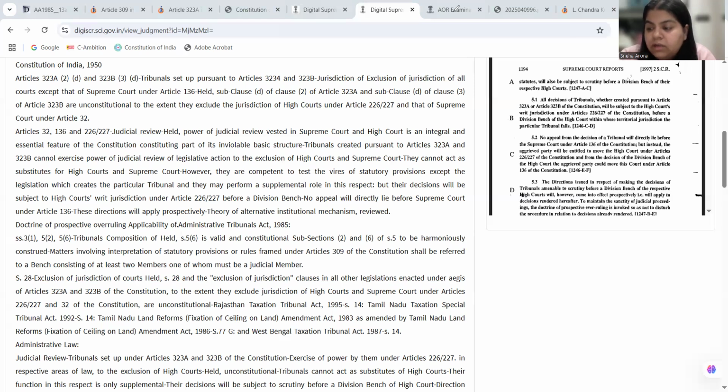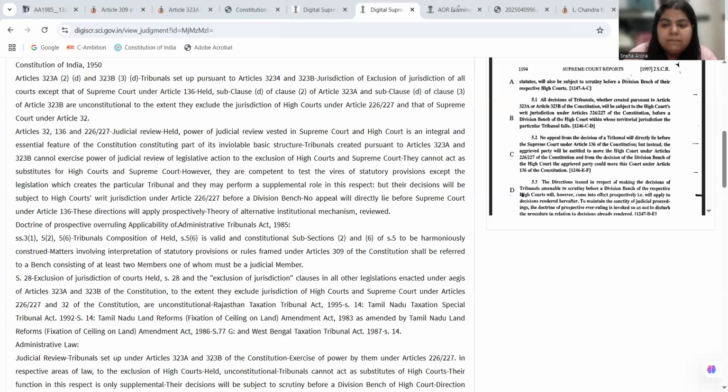Now, when we talk of Article 227, it says that all the courts in the territory of a state shall be subordinate to the High Court. Now, when we look at administrative tribunals, the benches are state-wise. We have the New Delhi bench, the Pune bench, the Madhya Pradesh bench, the Bhopal bench. So the benches are located state-wise, and therefore the High Court does have power to exercise jurisdiction upon it.